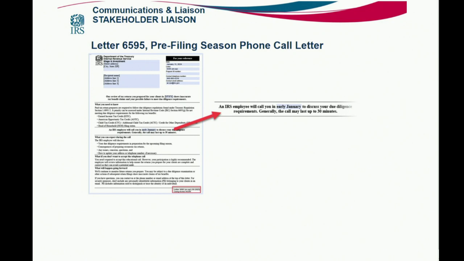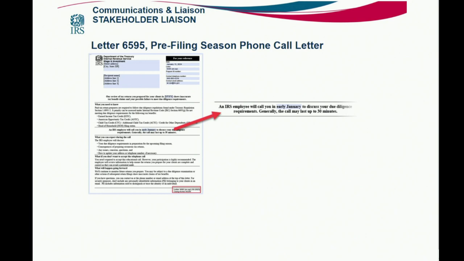However, the IRS employee will explain that the returns submitted to the IRS are being monitored and reviewed, review the due diligence requirements and discuss possible consequences for not meeting them, and offer resources on due diligence educational products and training.